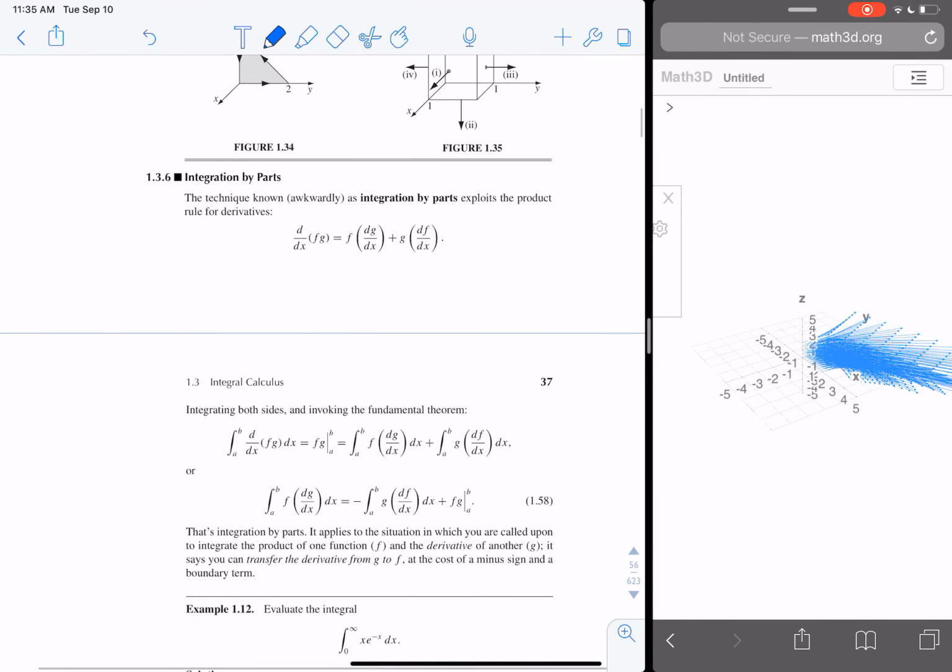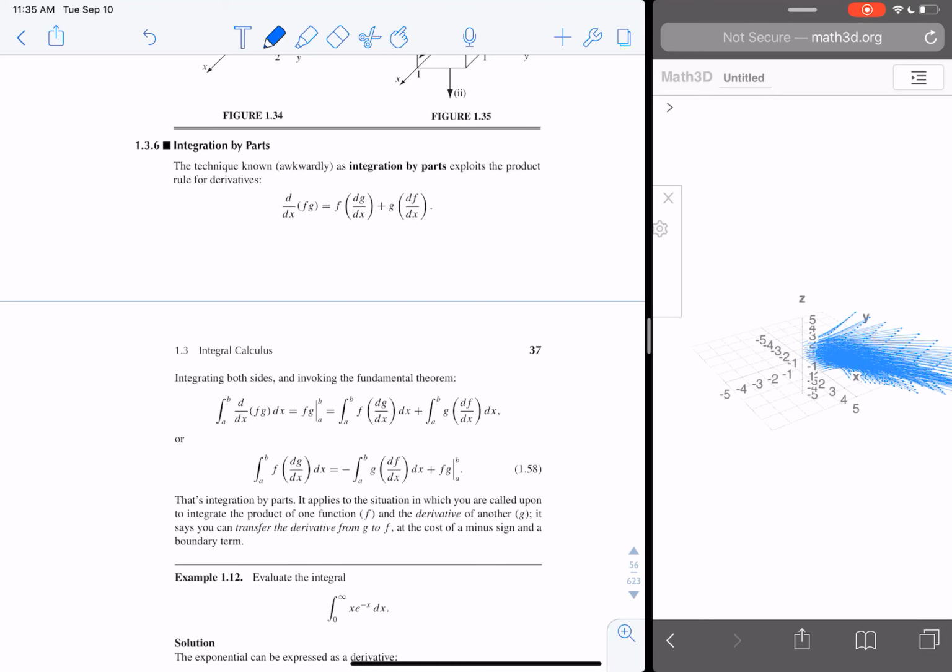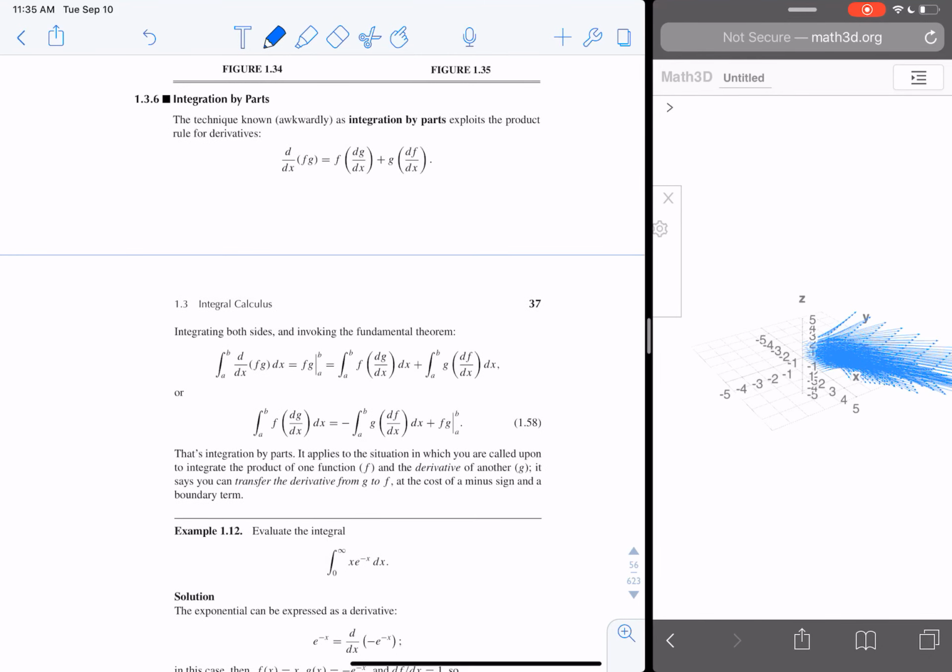And then the last thing here is integration by parts. Integration by parts just relates the integrals, and actually integration by parts comes from doing the integral of the product rule. So product rule says the derivative of two functions is first times derivative of the second plus second times derivative of the first, where first is f, second is g.